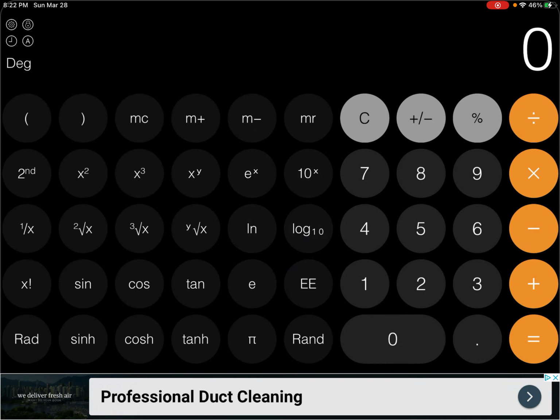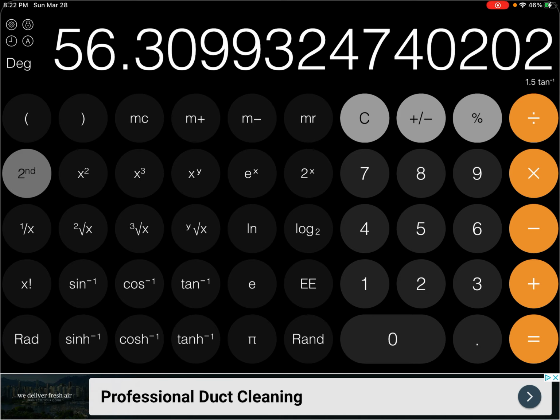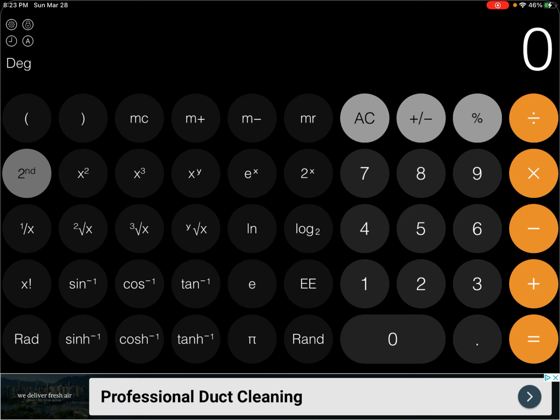I'm going to go second function, tangent, 1.5. There it is: 56.3.